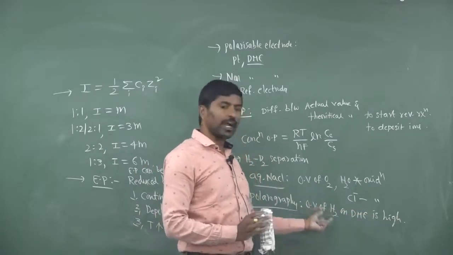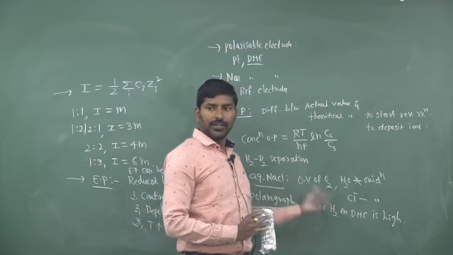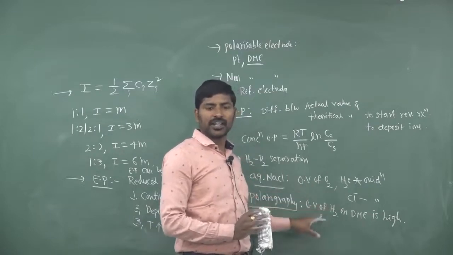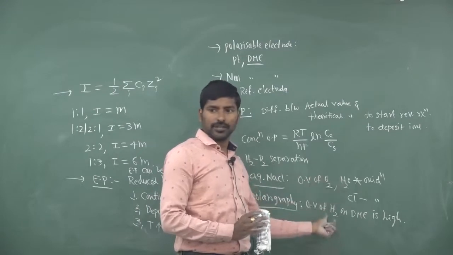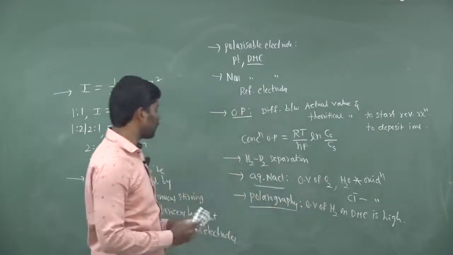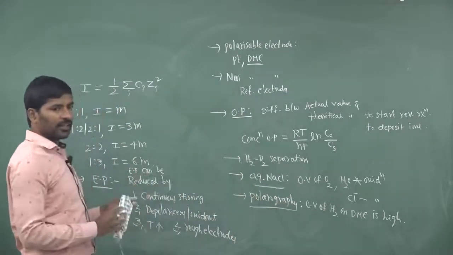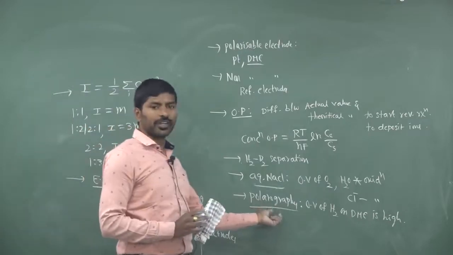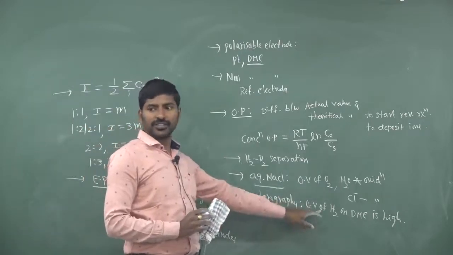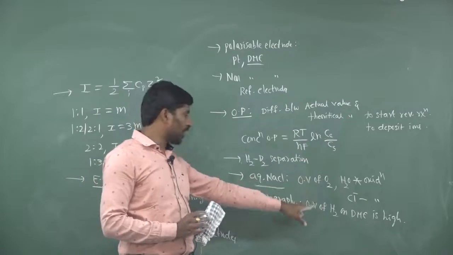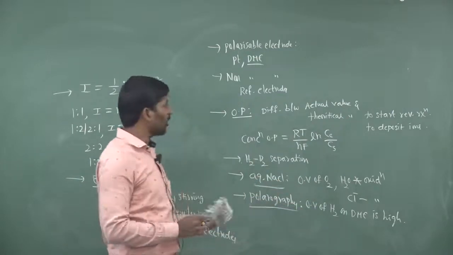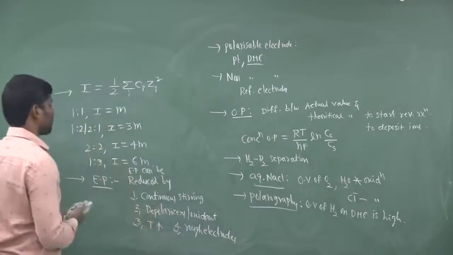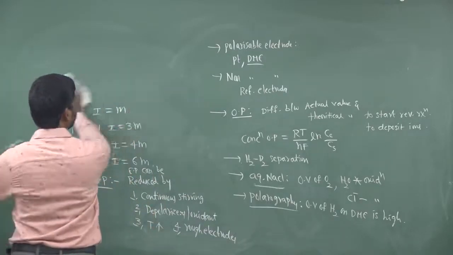That's why hydrogen cannot interfere with the deposition of other ions. So while doing the polarography technique, hydrogen gas interference is not observed, since excess potential is required to deposit hydrogen gas on the dropping mercury electrode. Mainly you remember those points.